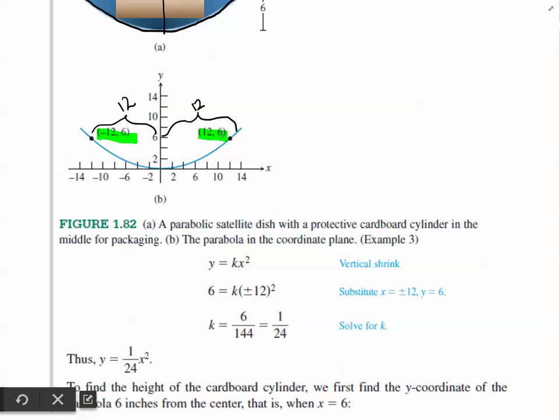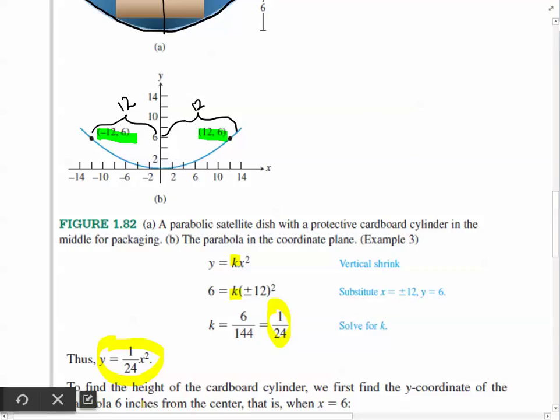So we have these 2 points, 12, 6 and negative 12, 6. We can plug them in, and we can solve for that k value that it was shrinking by. And it turns out it's 1/24. So the equation of this parabola, as we have created it in the graph, is y equals 1/24 x squared.